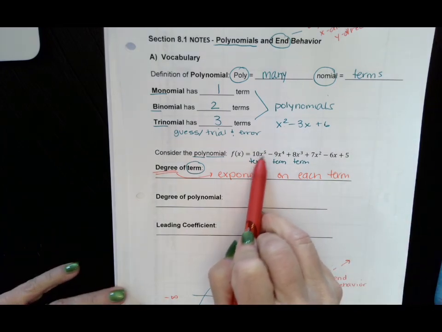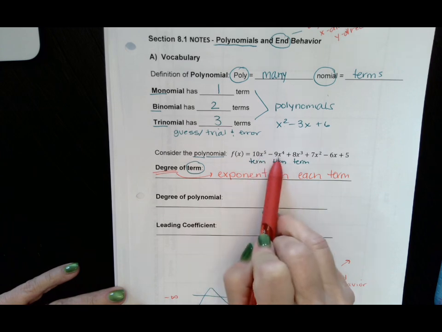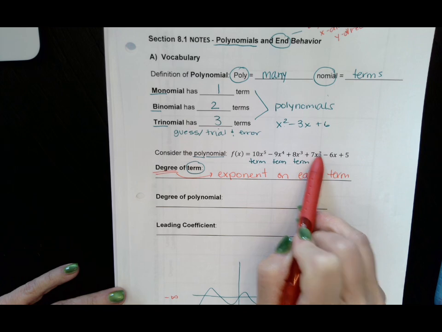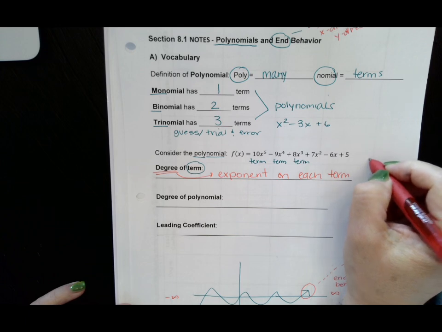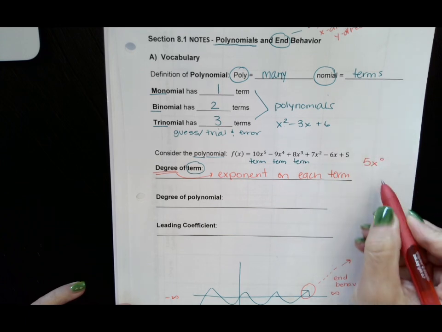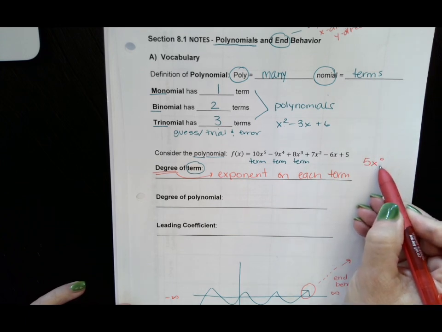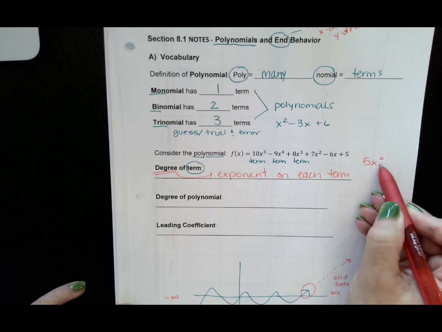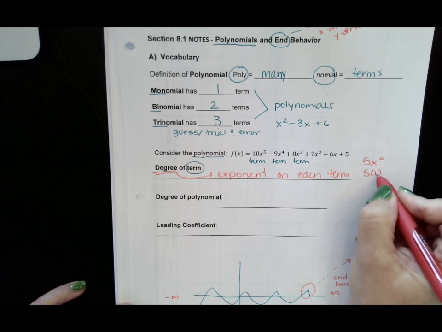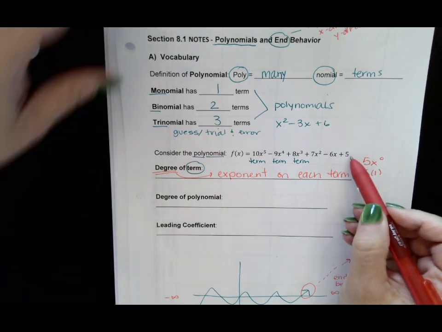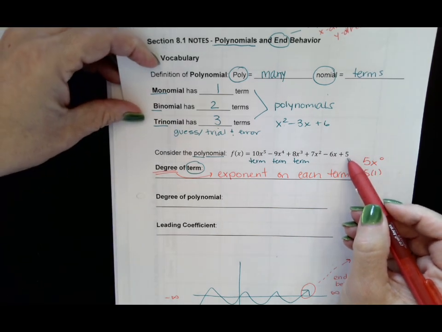So this is a 5th degree polynomial. The exponent on this is 4. So this is 4th. This is 3rd. This is 2nd. This is 1. And this is actually a 0 degree. If I had an x here, so 5x to the 0, we know anything to the 0 power is 1. So this still has a degree on it. It's just that we know that anything to the 0 power is 1, so we would say that this is a 0 degree term, okay?